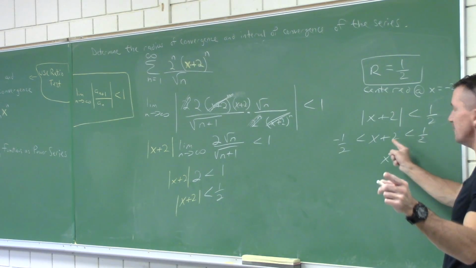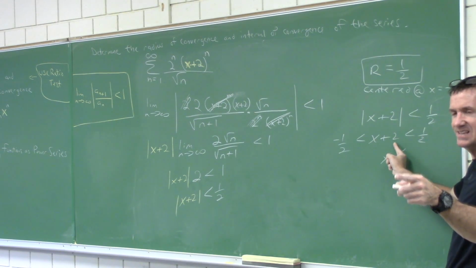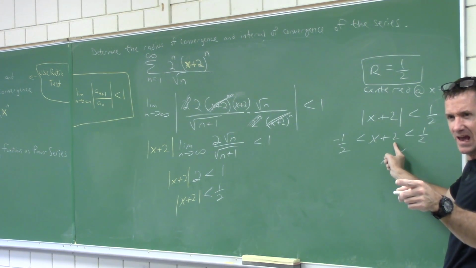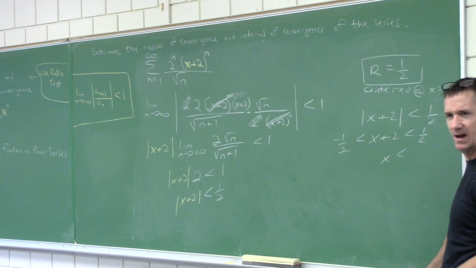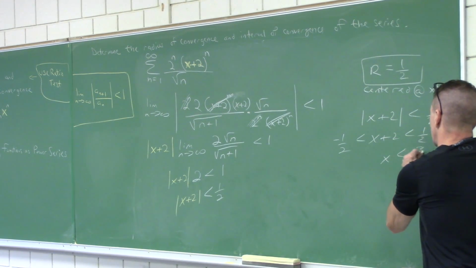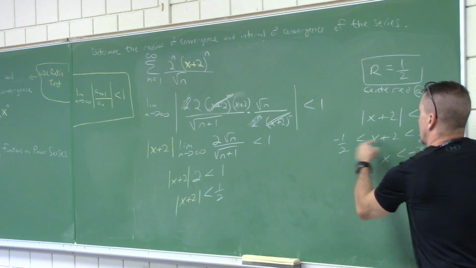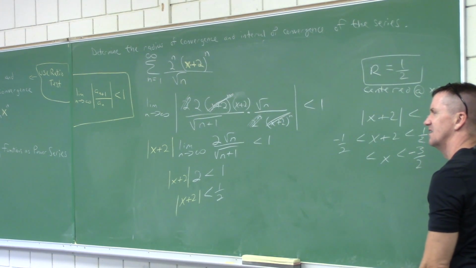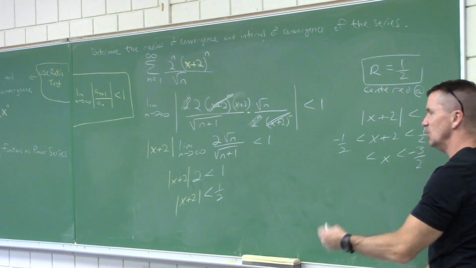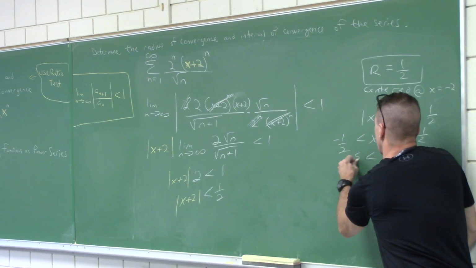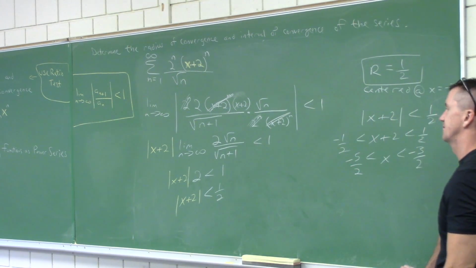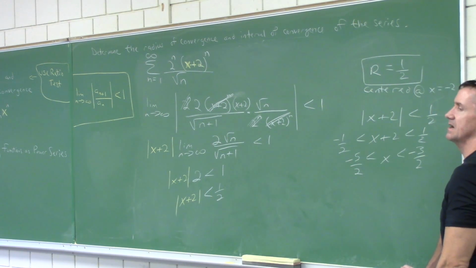Good job. -2 plus 1/2 is -1.5, which is -3/2. All right, and then everyone subtracted 1/2 from -2: -5/2, that's -2.5. 98% of the problem complete.